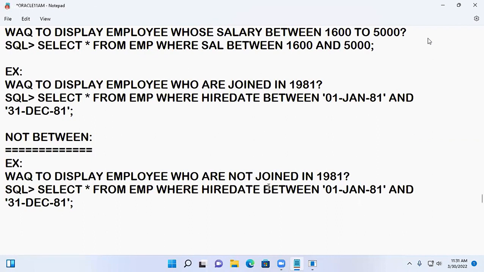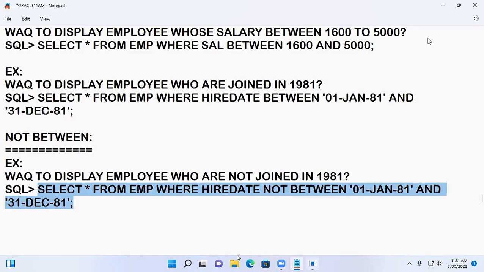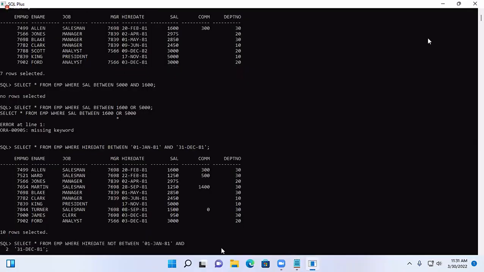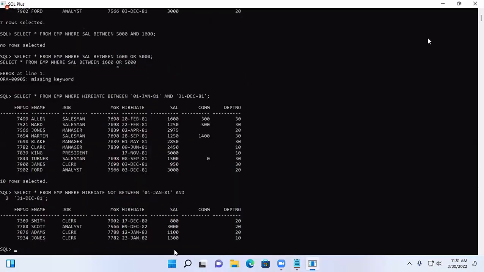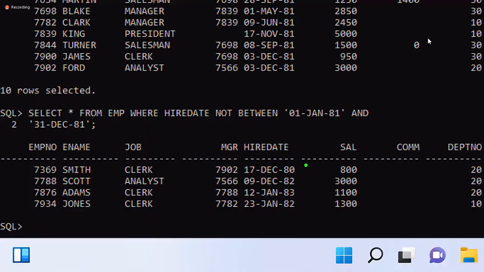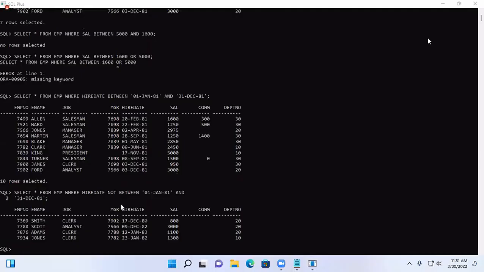So in place of between, what you want to set, not between, that's it. And automatically it was taking your values. So let me come back and see. Okay, and not between people. So how many people are there in the not between means? So 1982 people came out, and 80 people, 83s. Okay, so these are not joined in 1981.